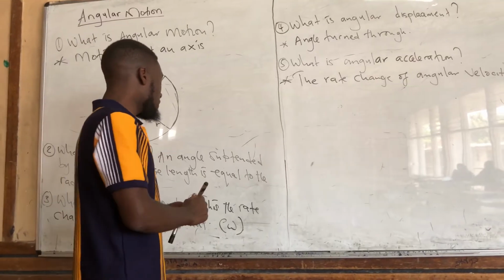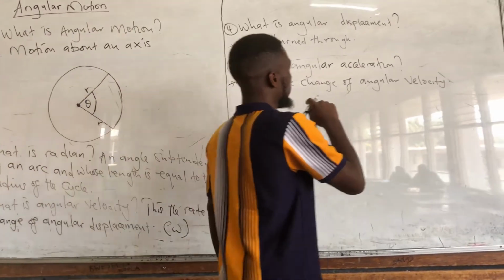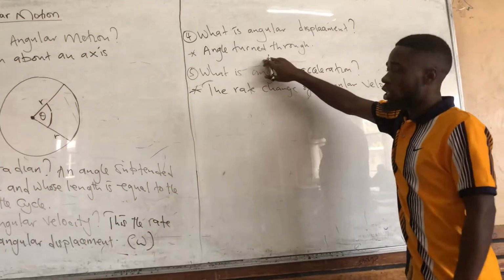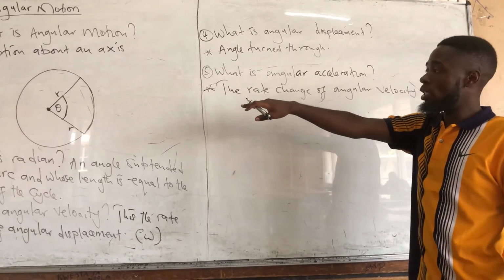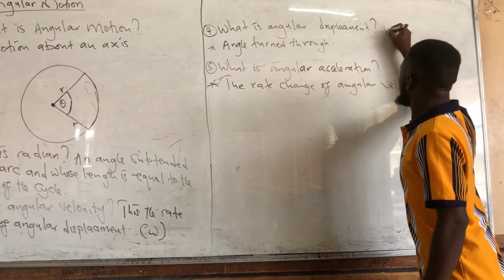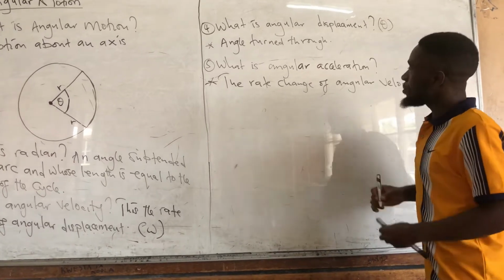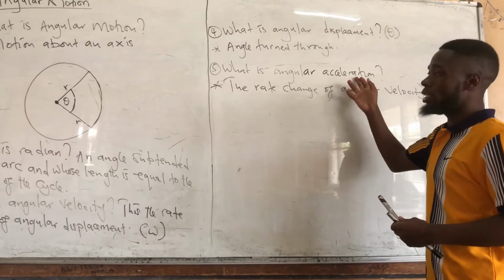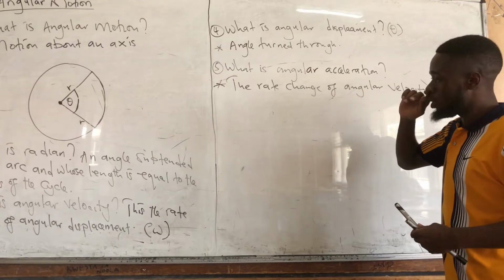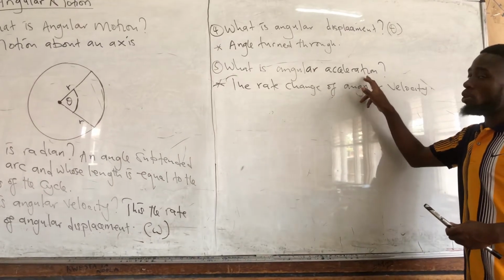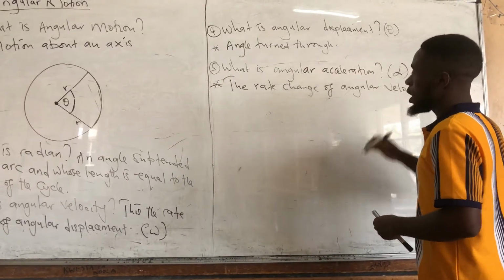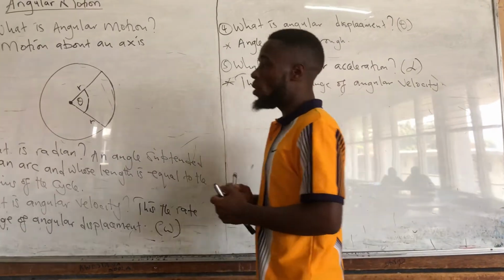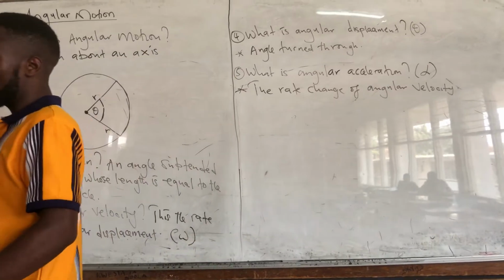So what about angular displacement? Because we say angular displacement is just the angle turned through, meaning it will be represented by theta. What about angular acceleration? Well, we know that linear acceleration is represented by a, but here it is represented by alpha. Okay? So meaning all the letters will change here.